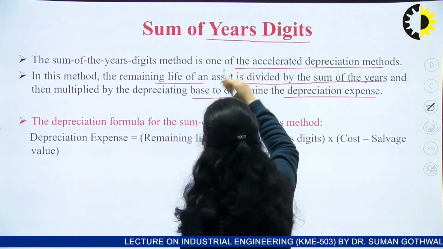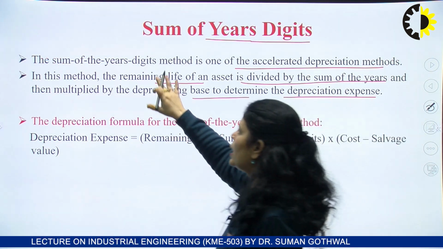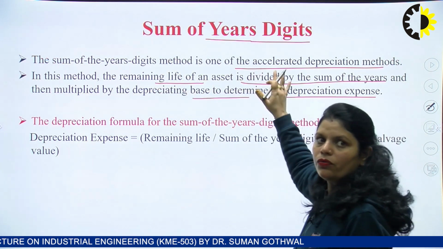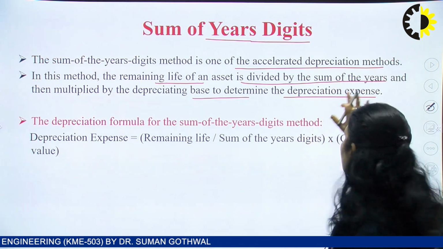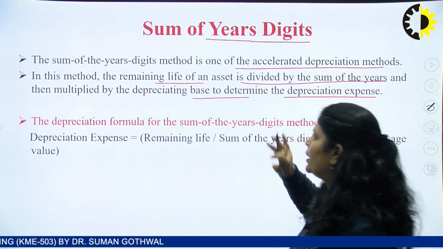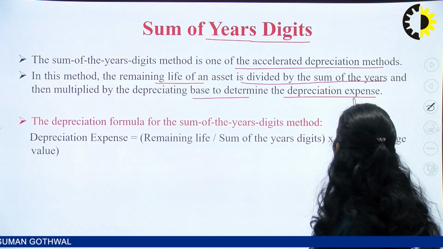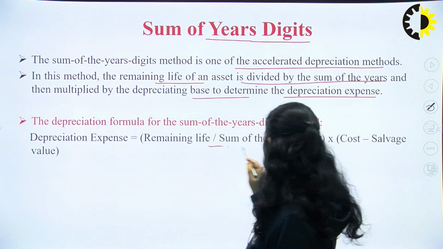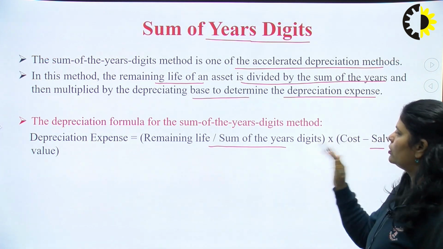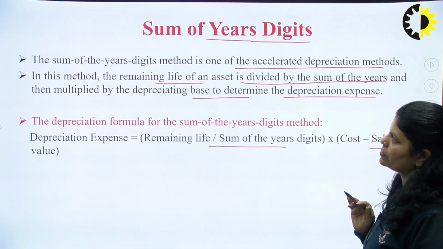So in this case we will divide the remaining life of the asset by the sum of years, and then multiply it by the depreciation base to determine the depreciation expense. We will use this formula for finding the depreciation expense.